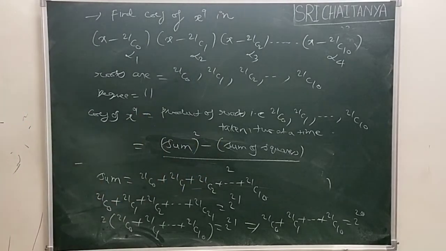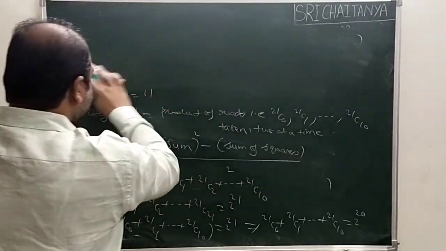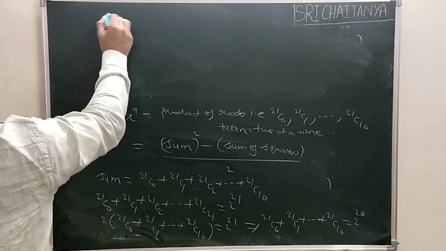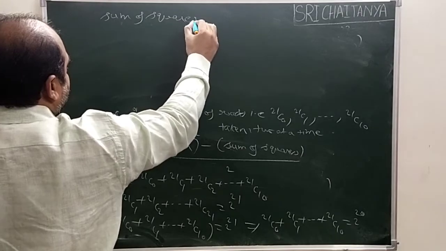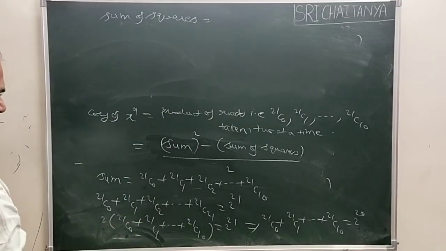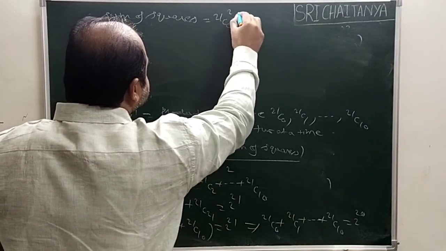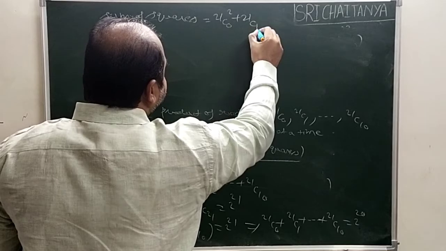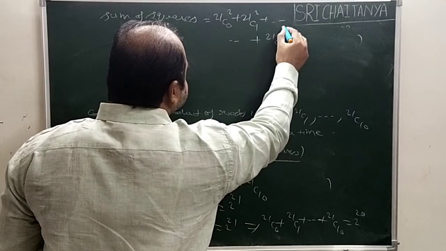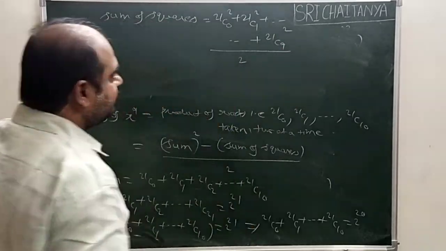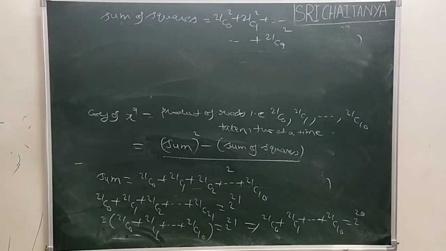So next, sum of squares. Sum of squares means the squares of these numbers: 21C0 square plus 21C1 square and so on up to 21C10 square, which is half of the full sum.